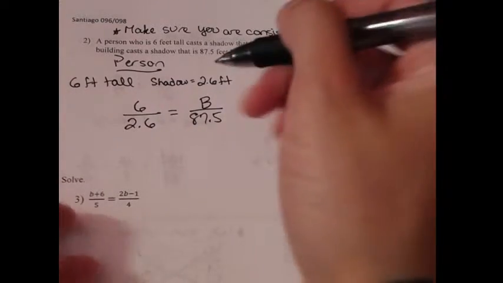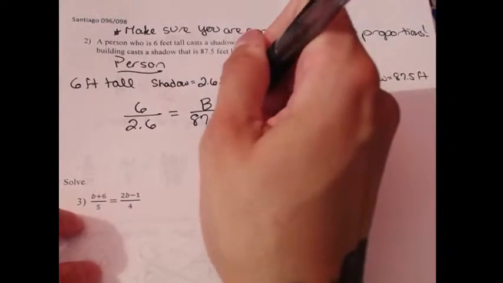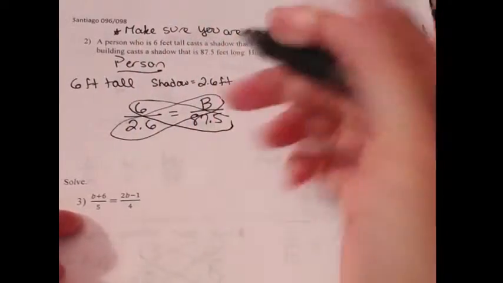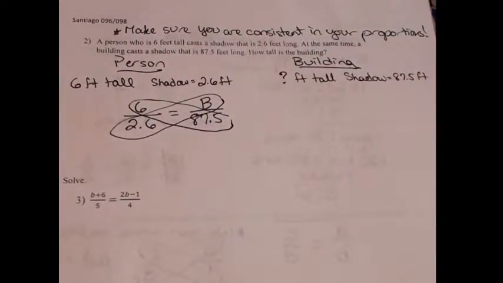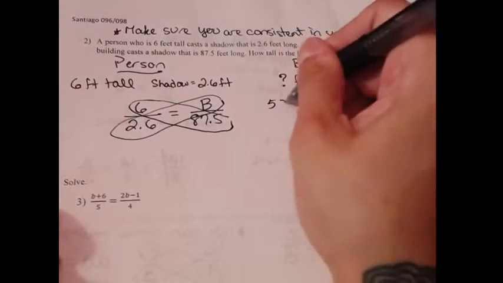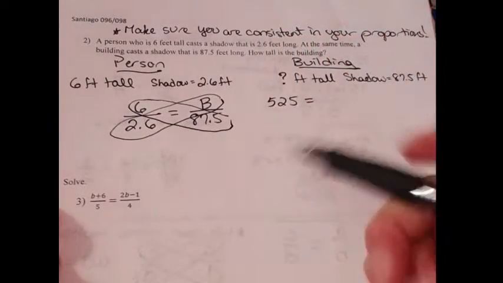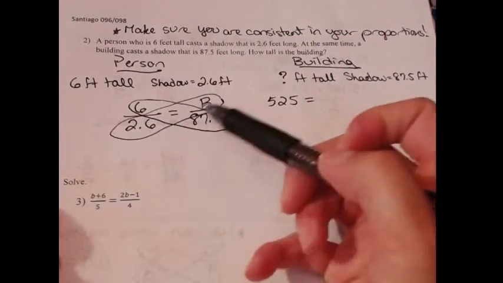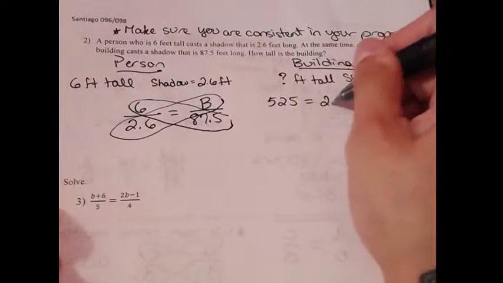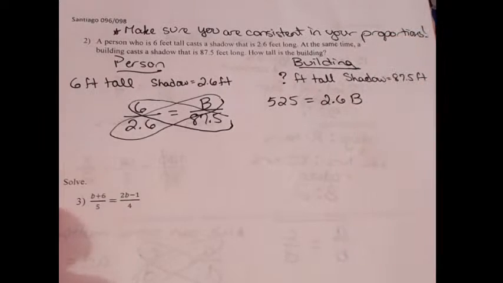At this point, we're going to go ahead and cross multiply. So we have 6 times 87.5, and I'm going to grab my calculator and punch that in. 6 times 87.5 gives us 525 is equal to, and then in our second product here, we have 2.6 times B, so it's 2.6B.